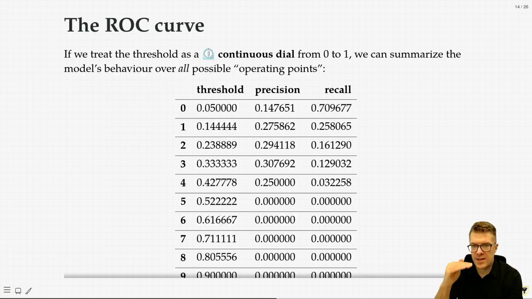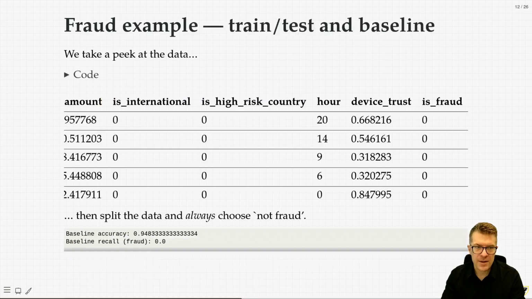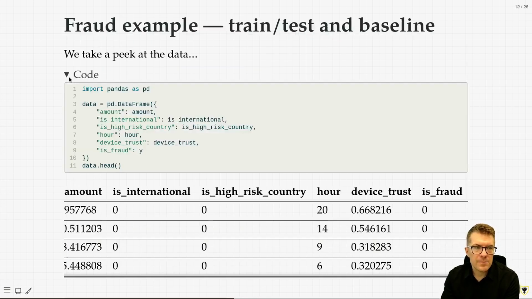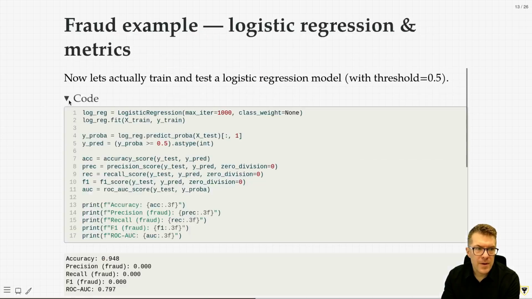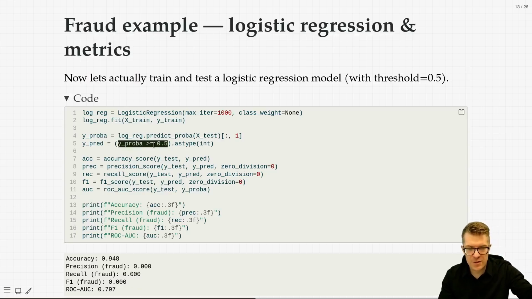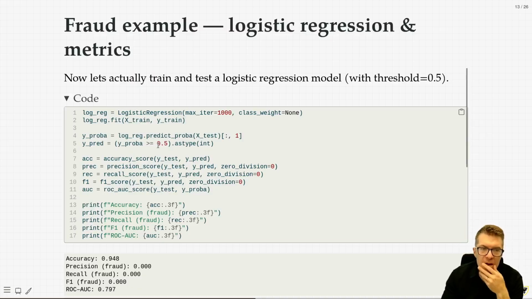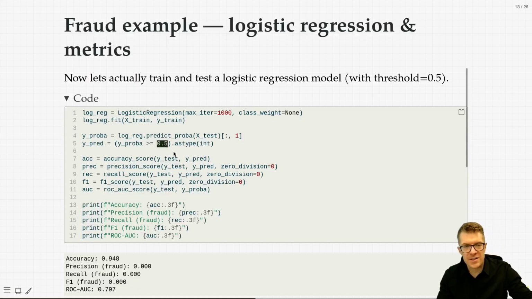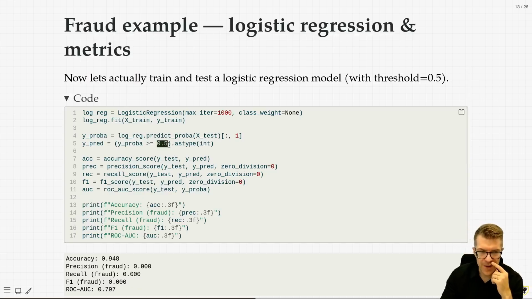I'll go back a second. Up here, I set the threshold to be 0.5, and if this is true, then it's classified as fraud. If it's not true, it's classified as not fraud. So I'm going to basically change this 0.5 to any of those other possible values.